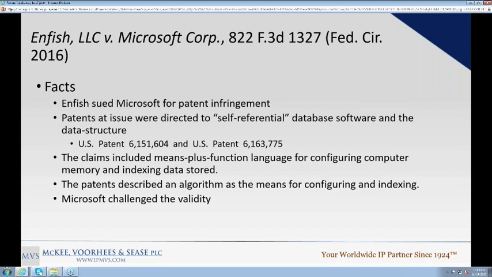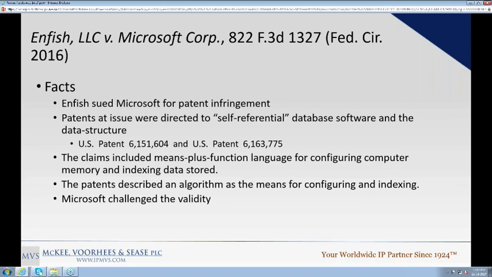Now, the two patents, you can see the numbers there if you want to look them up, and the claims used means plus function language to define the structure and the function of this self-referential database. And it said, I want to say it's a system for configuring, or a means for configuring, and the means for configuring as defined by the specification was this 4-step algorithm. And then there was also a means for indexing, but the algorithm is largely what the court focused on in that case.